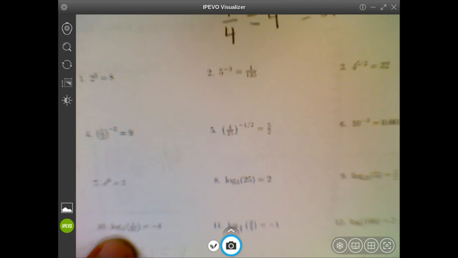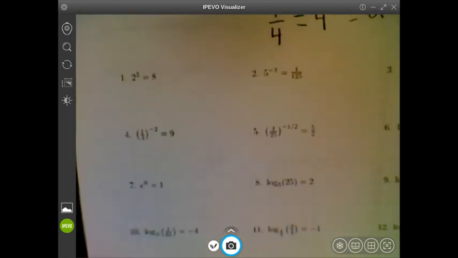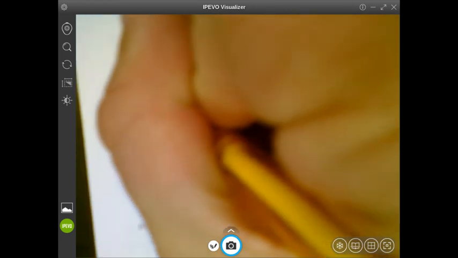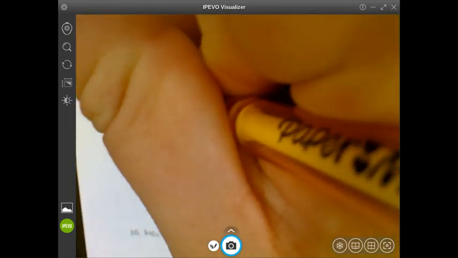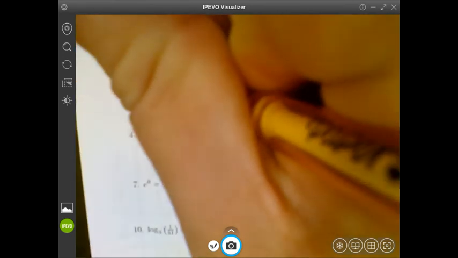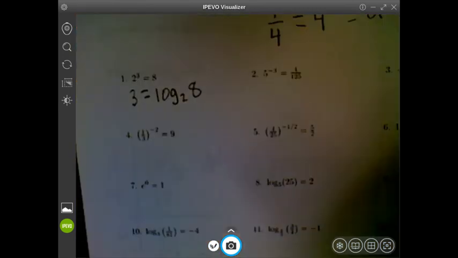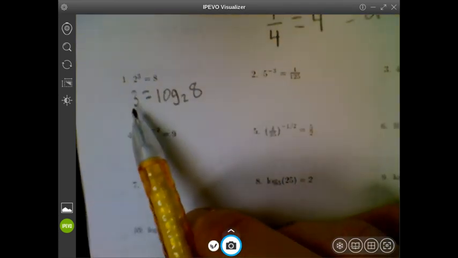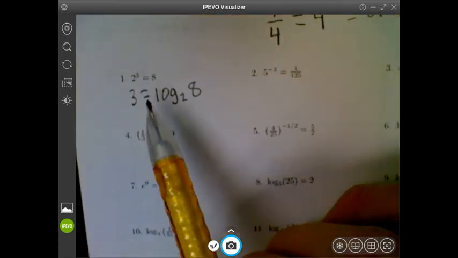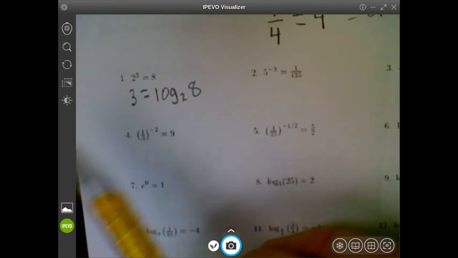To convert this to a logarithm, putting it in logarithmic form, we say that 3 is equal to log base 2 of 8. If you type log base 2 of 8 in a calculator, you get 3, and that comes from this conversion of an exponential.